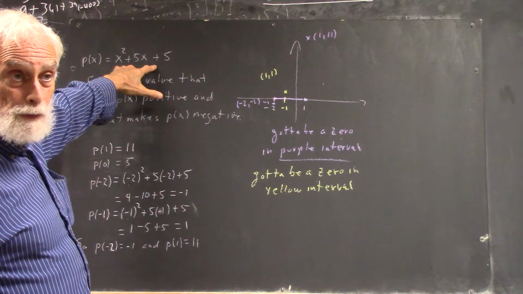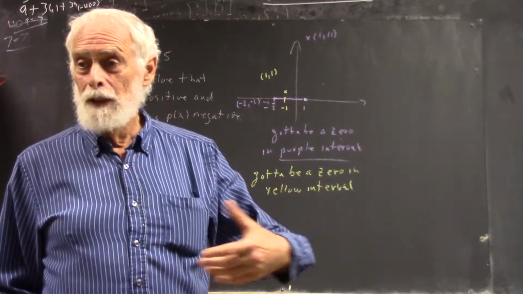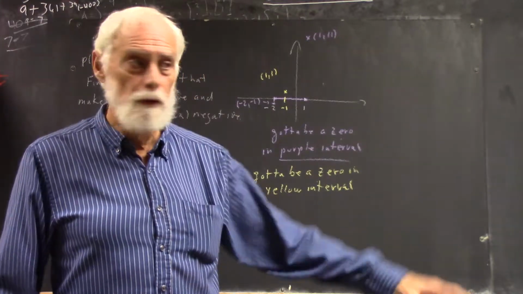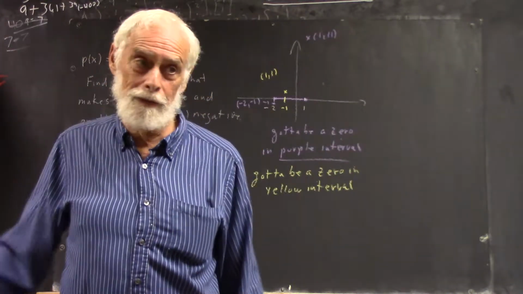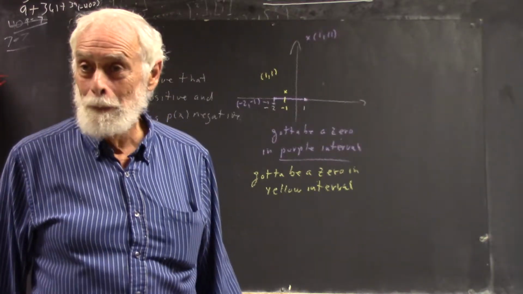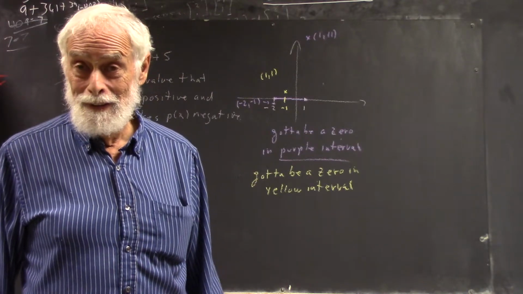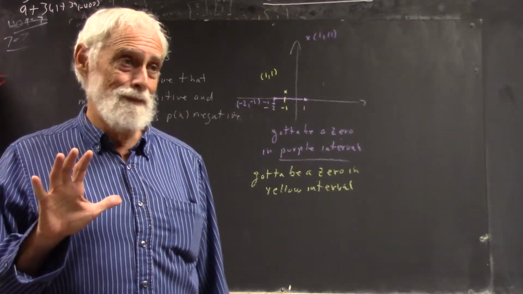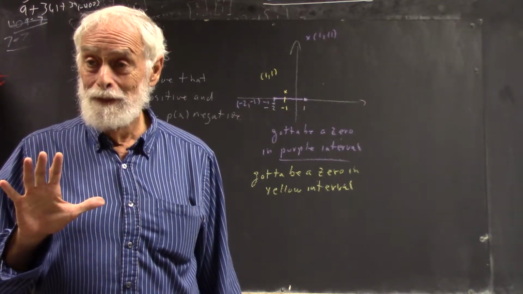But what if the function was a 5th degree polynomial? X to the 5th minus 2x to the 4th plus 3x cubed minus 18x squared plus 48x plus 30. Okay? How are you going to find zeros of that? It's 5th degree. There might not even be any way to factor. Okay?